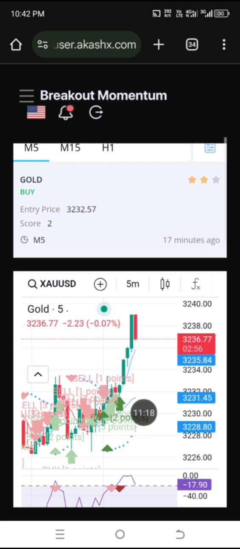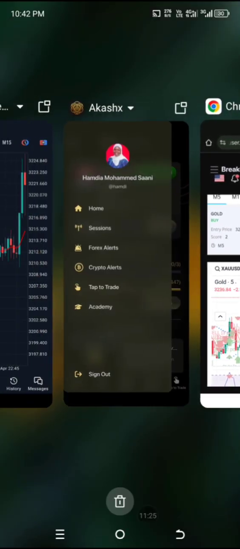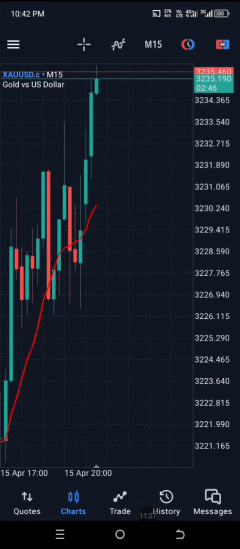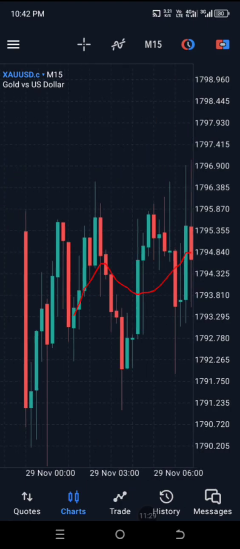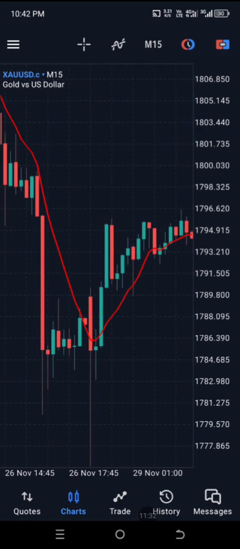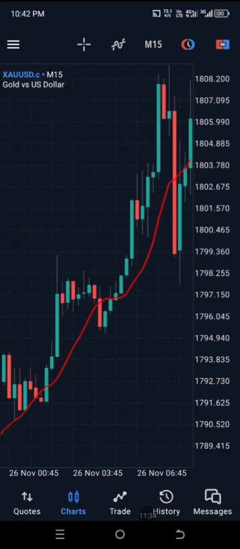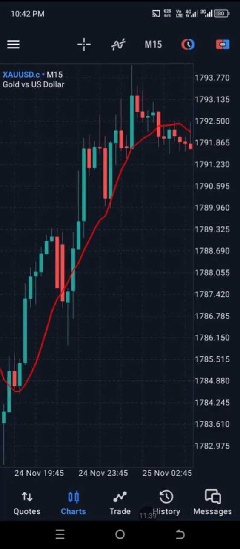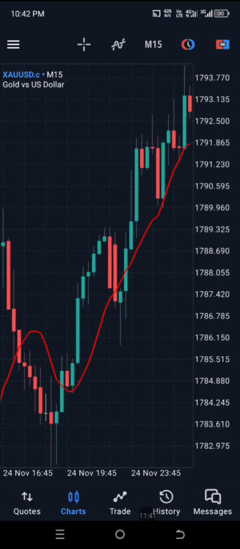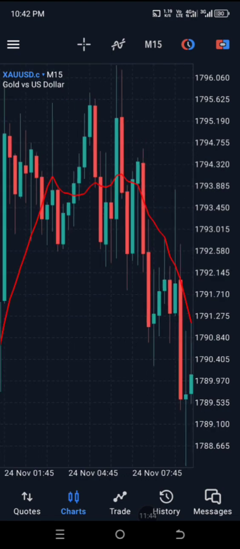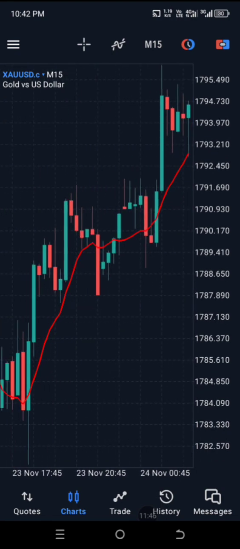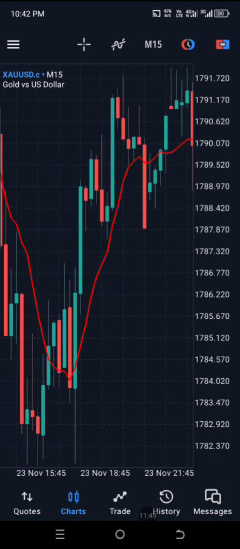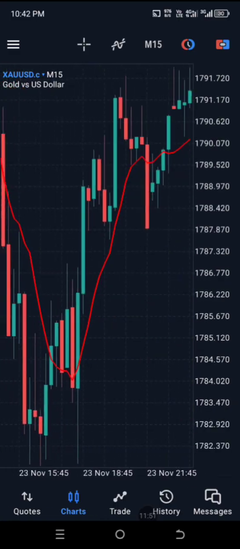Now, there is this very important thing I want to emphasize. Let's go to the charts. At the charts, I hope we all know that candles or price move in two directions.